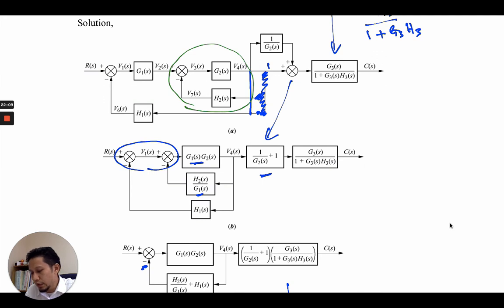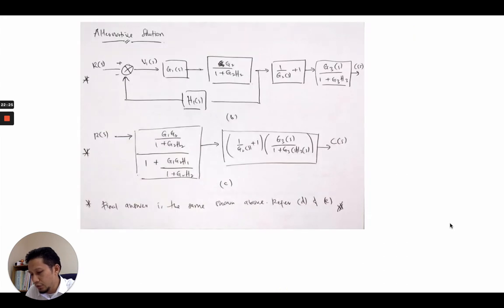So you will have a single box subsystem over here, and then you can multiply with G1, and then you have another feedback form. So you can try yourself if you can understand this alternative solution.